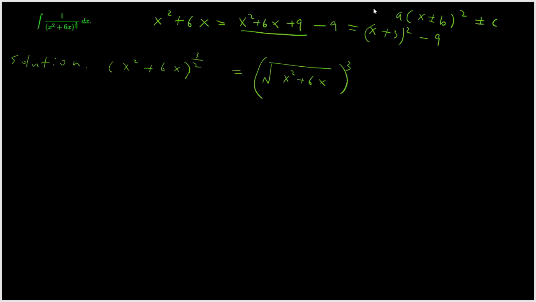I'm trying to say the denominator of the integrand can now be rewritten as the square root of something, the whole thing cubed. The function under the radical can be rewritten as x plus 3, the whole thing squared, minus 9 now.